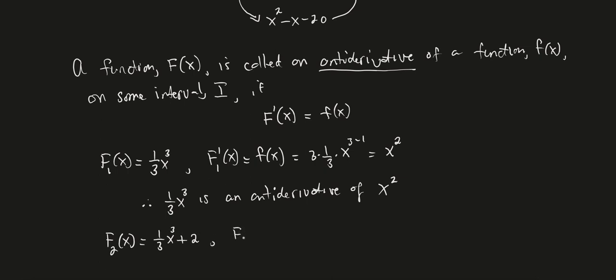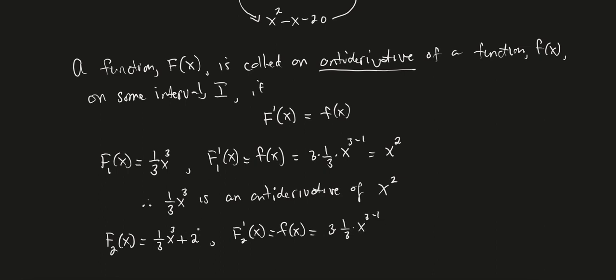But then when I take my derivative of f2, notice I'll still get the same little f of x. I'll still have my 3 times 1/3 times x to the 3 minus 1.